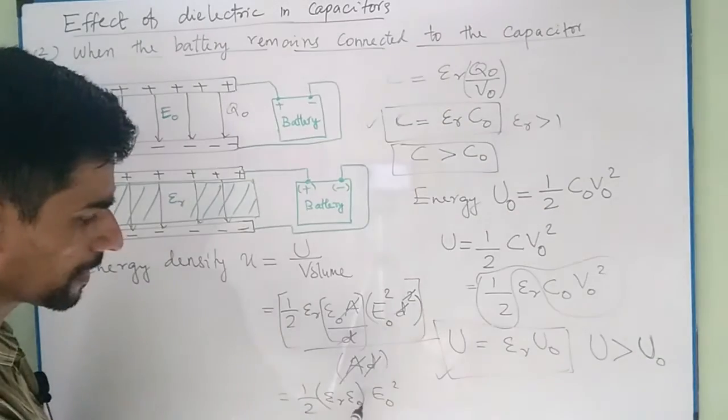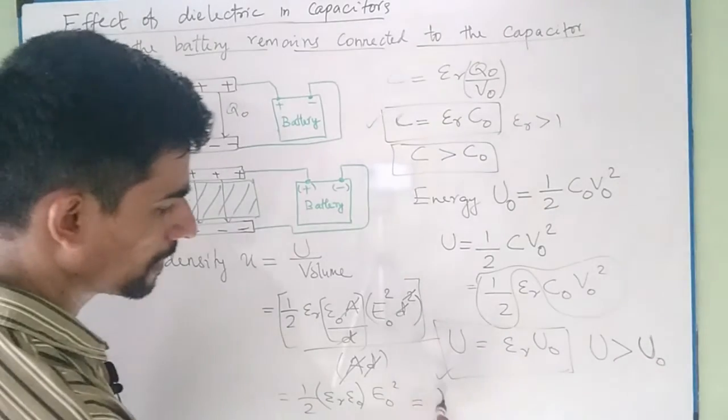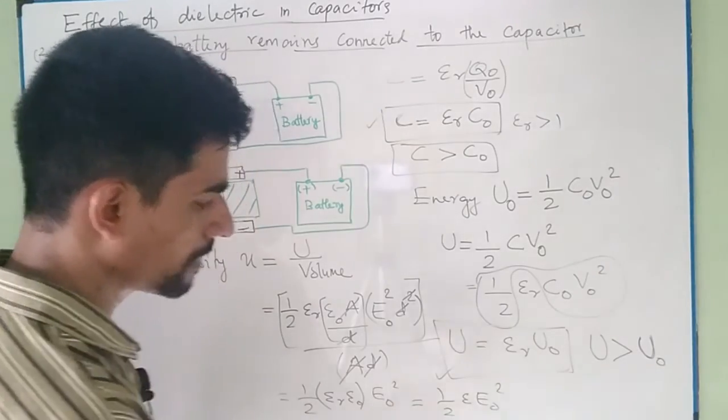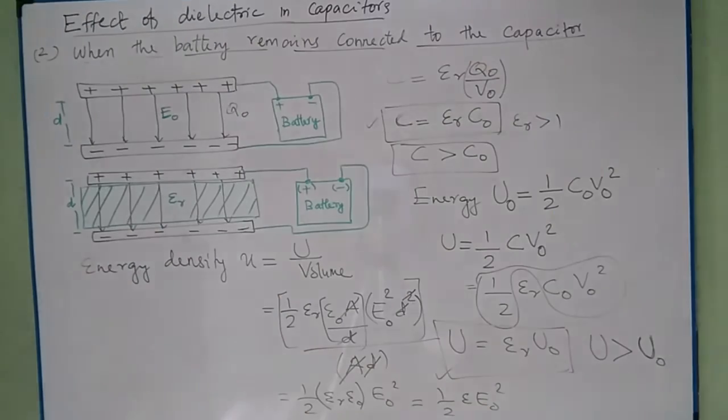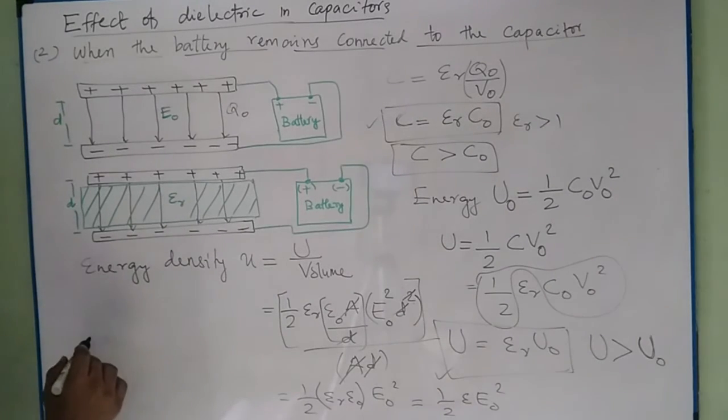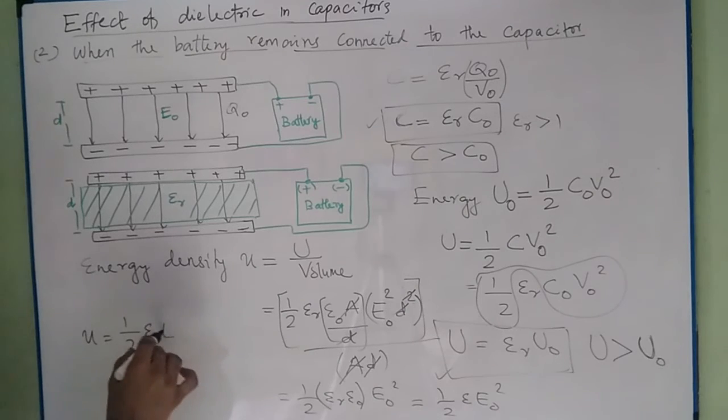Epsilon R epsilon naught is nothing but epsilon. So that is 1 by 2 epsilon E0 square. This is the expression for energy density. From this equation, it is clear that the energy density depends on the electric field between the two plates, that is, energy density is equal to 1 by 2 epsilon E0 square.